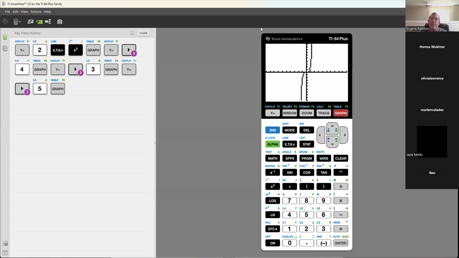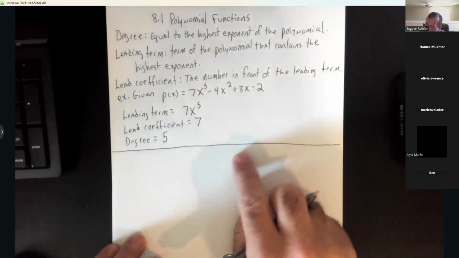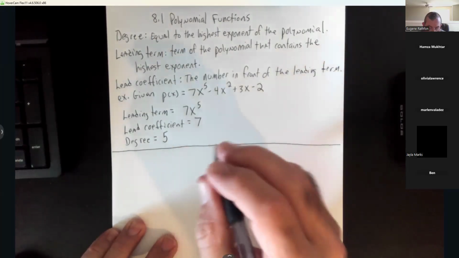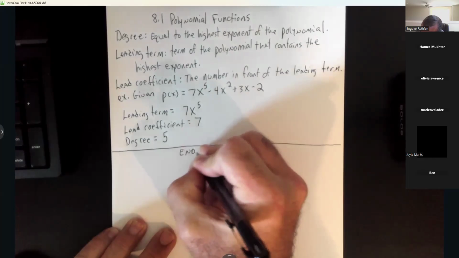So we can make a chart and predict what these graphs are going to look like as they head out towards infinity in the x directions, okay? So this chart that we're going to make, we call this an end behavior chart.